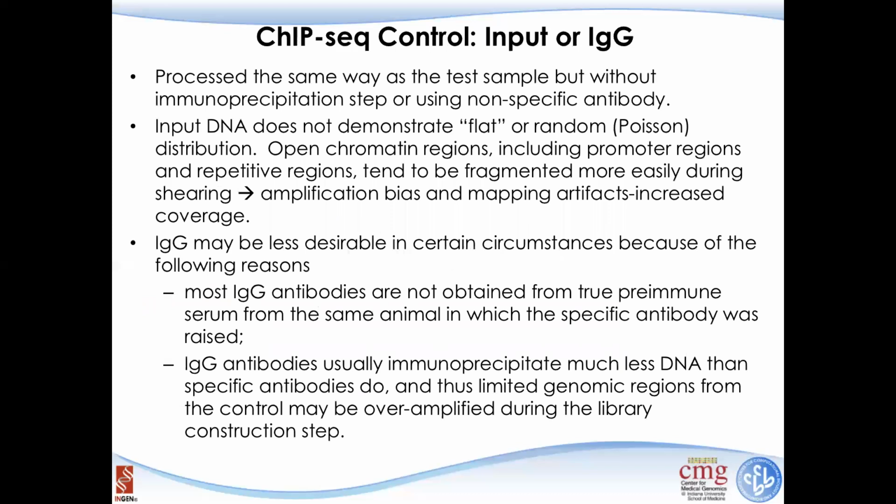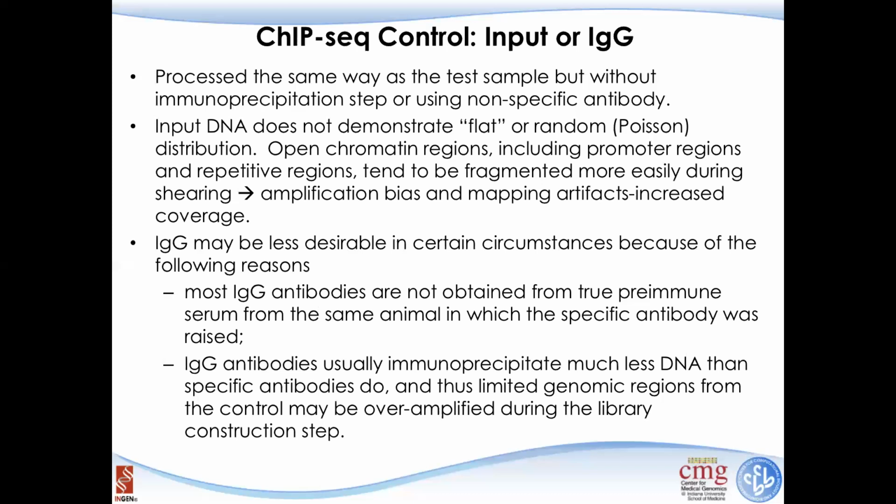So here is a comparison of two controls, input or IgG. Basically they are processed in the same way, but one is without the IP, and the other uses a non-specific antibody as I showed previously. However, the input without IP does not demonstrate a flat or random distribution.